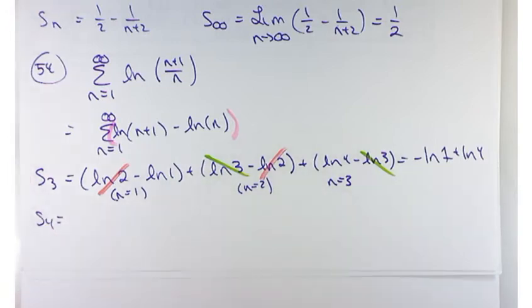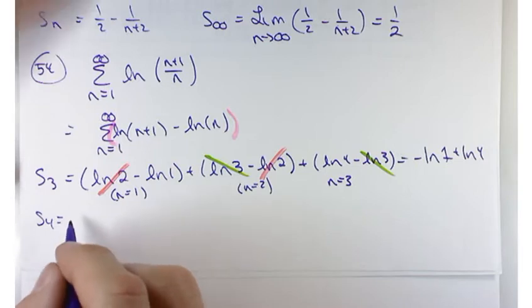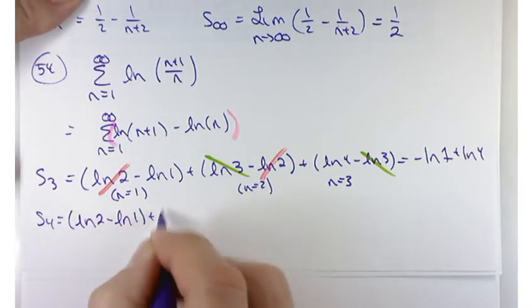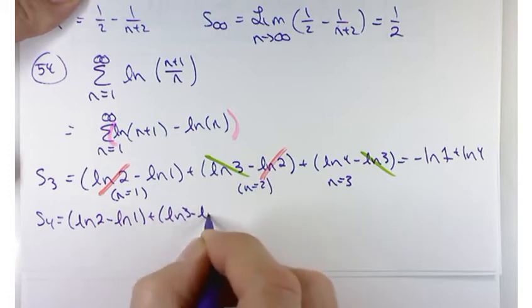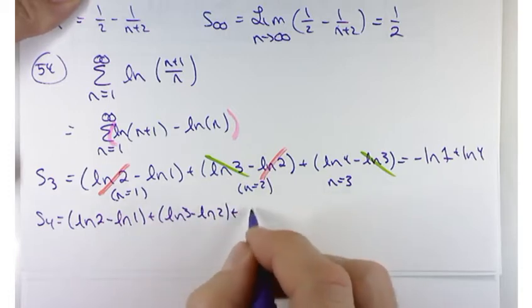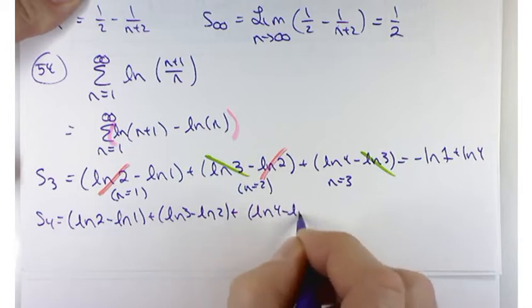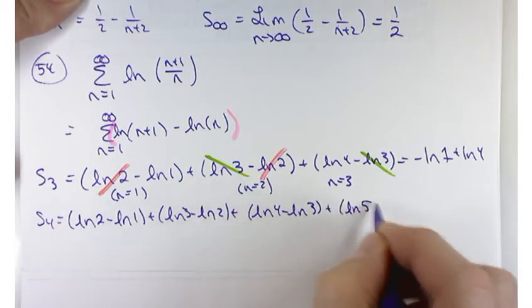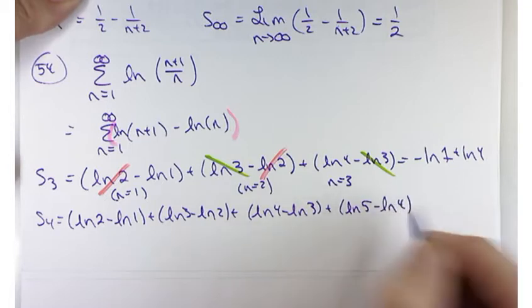Let's take a quick look at S sub 4. For S sub 4, it's going to be ln of 2 minus ln of 1 plus ln of 3 minus ln of 2 plus ln of 4 minus ln of 3 plus ln of 5 minus ln of 4.